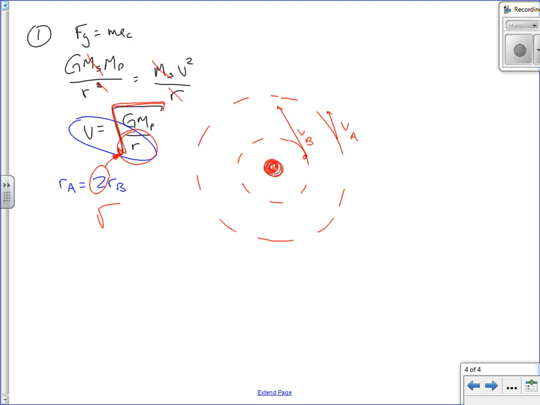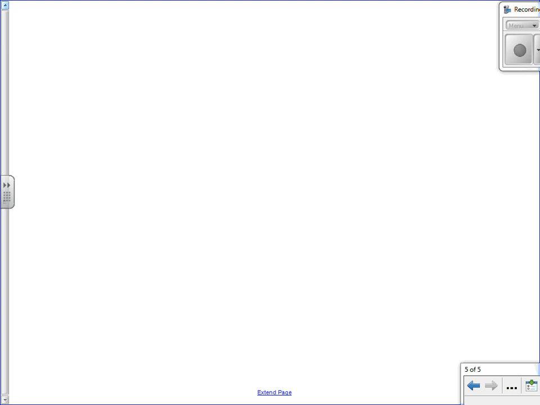So the ratio of the speeds, VA to VB, A has to be slower than B. And again, it's a square root thing because R is under that radical sign. Fair enough? Okay, next.